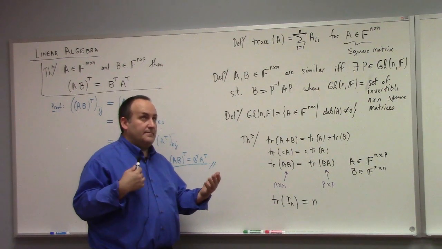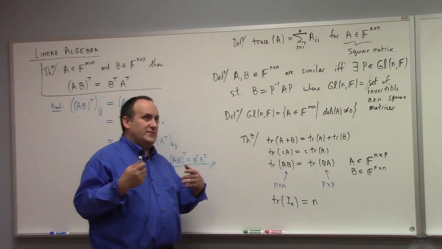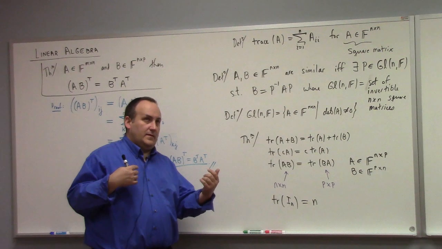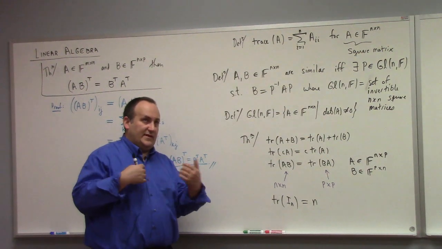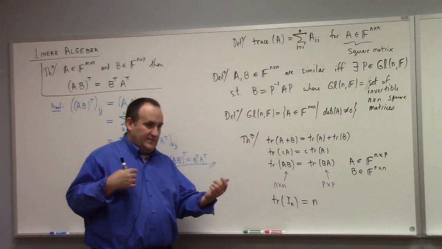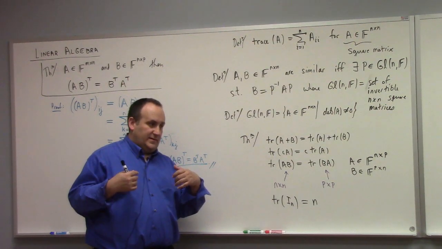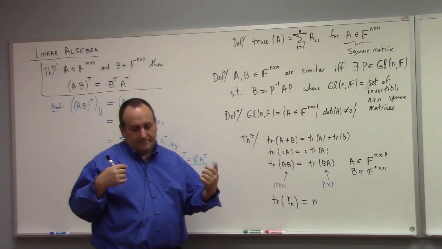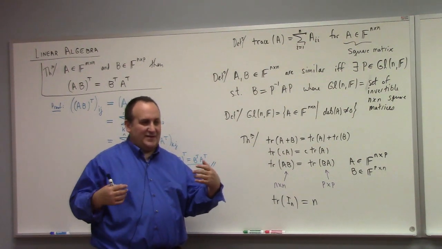On the other hand, if you adjoin to the set something that is outside of the span, then the enlarged set will still be linearly independent if it was before.